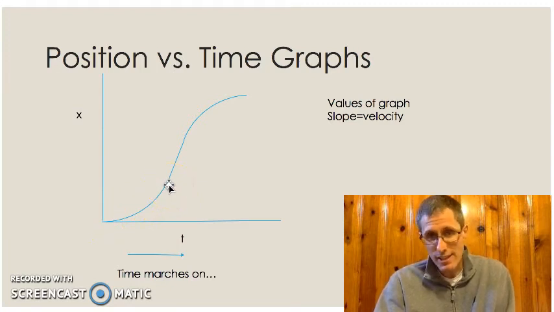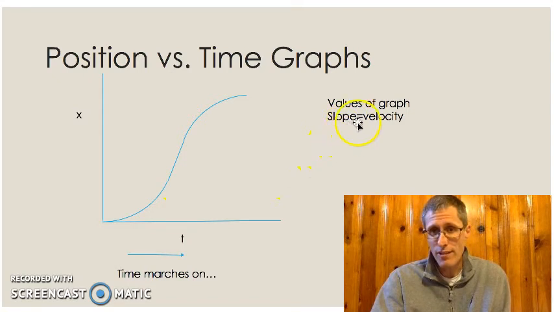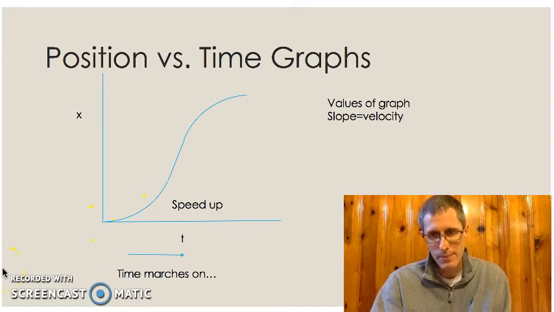And one of the key ideas of a position versus time graph is that the slope is equal to the velocity. So the slope right here is very small, and then the slope is increasing. It's getting steeper as time marches on, which means your velocity is getting bigger. So what do we call it when as time marches on, the velocity gets bigger? We call that speeding up. And that's the first part.